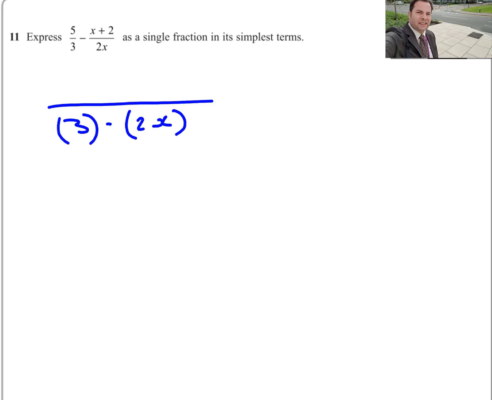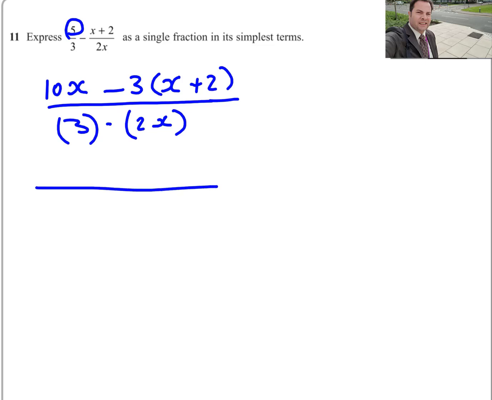The first fraction multiplied by 2x. The answer will be 10x, minus the second fraction multiplied by 3. So 3 times x plus 2. Be careful when we have subtraction. Simplify the numerator and the denominator.